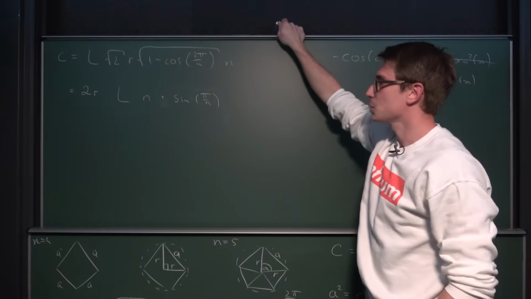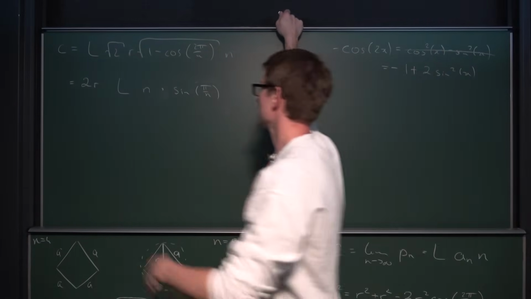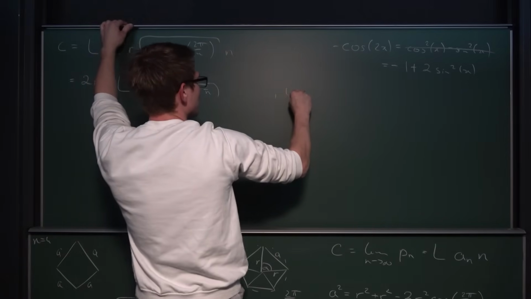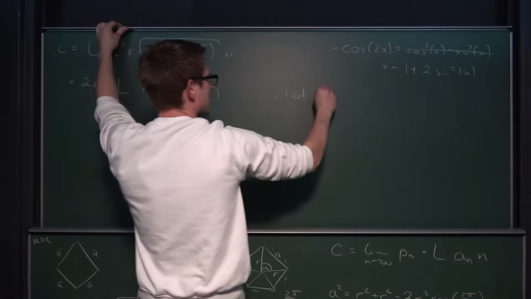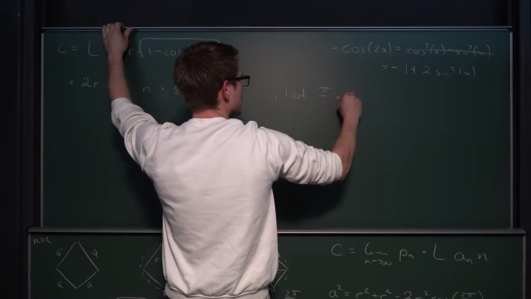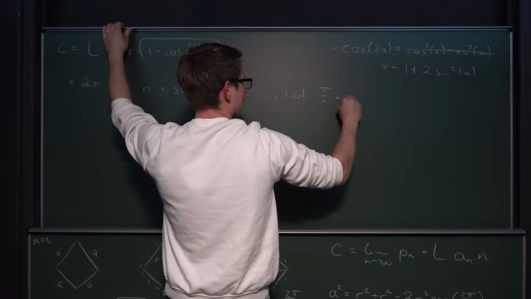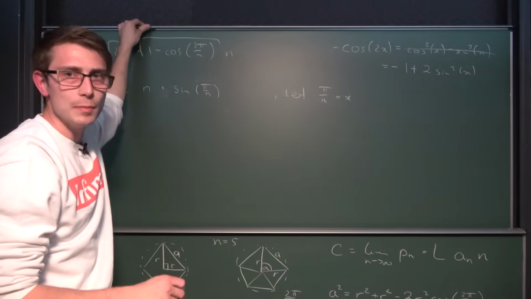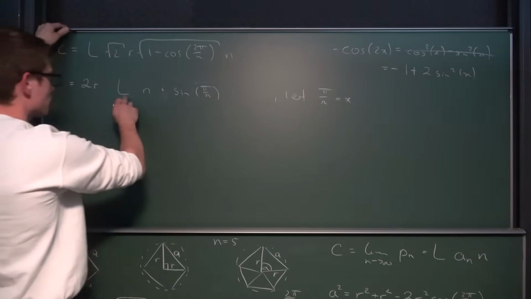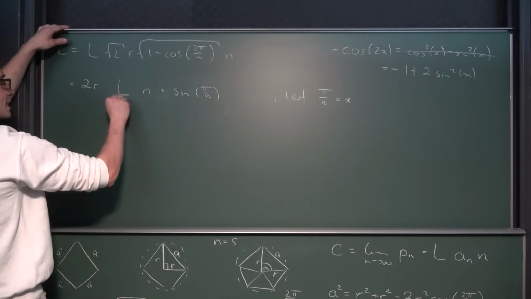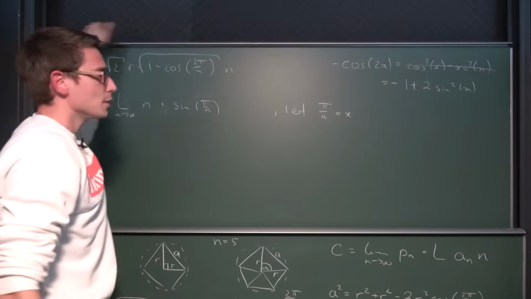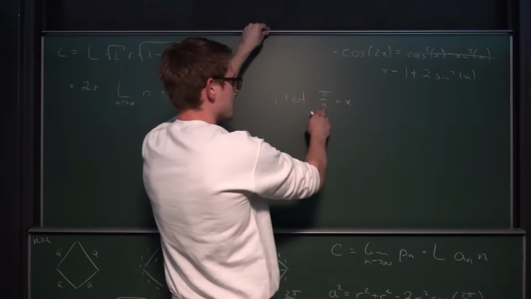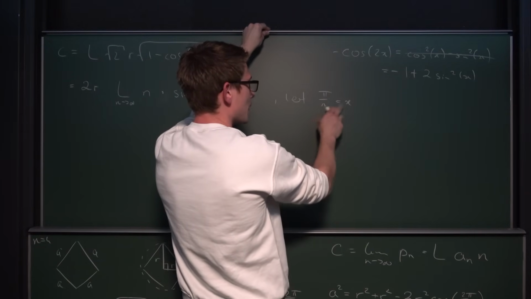And the last thing I'm going to do is introduce a little substitution. Let pi divided by n be equal to x. We are going to do a little substitution in here inside of our limit. Now, don't forget, this right here is the limit as n approaches infinity. So what is going to happen here with our x overall?